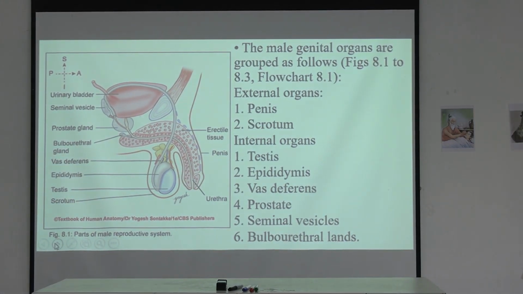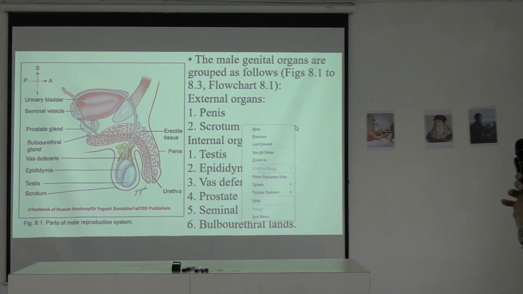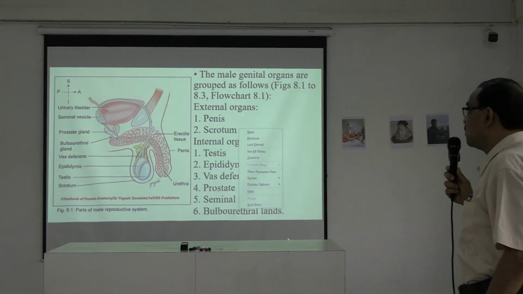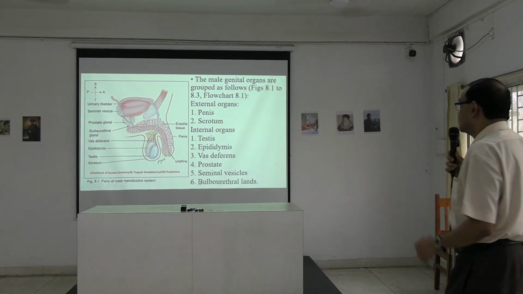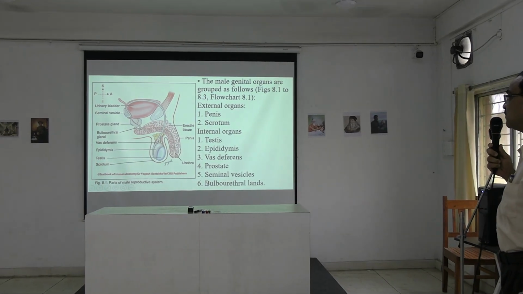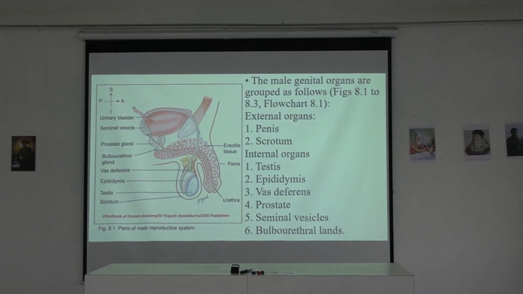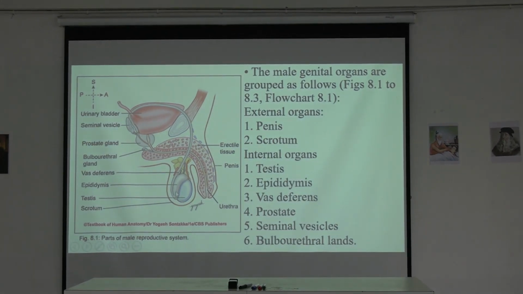And now in this figure we can see one tubular channel is coming out from the lower pole of the testis, and it goes upwards.